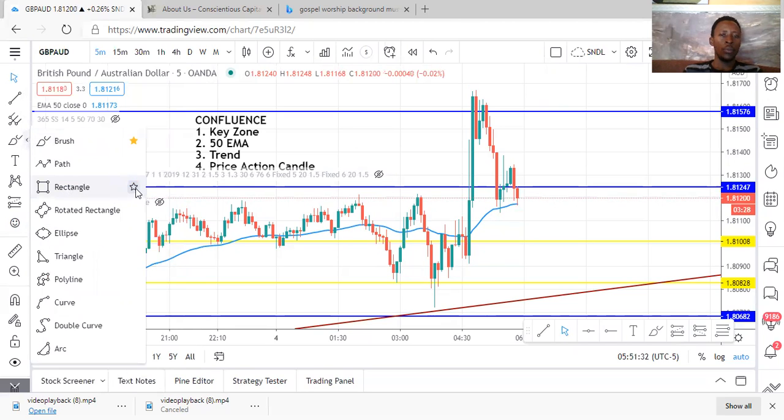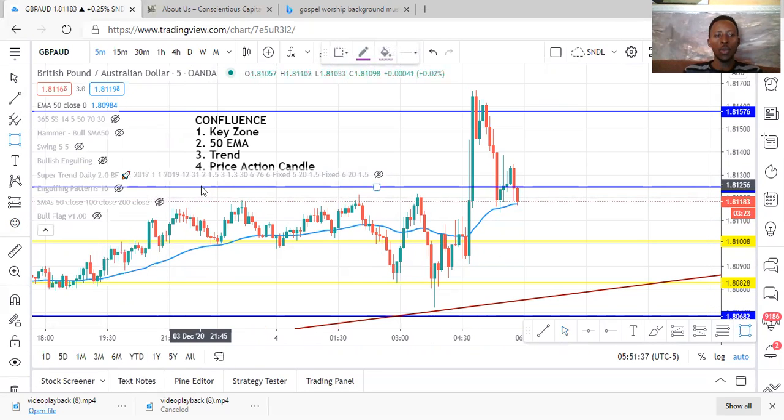Yeah, have it here. So we need to mark this zone.